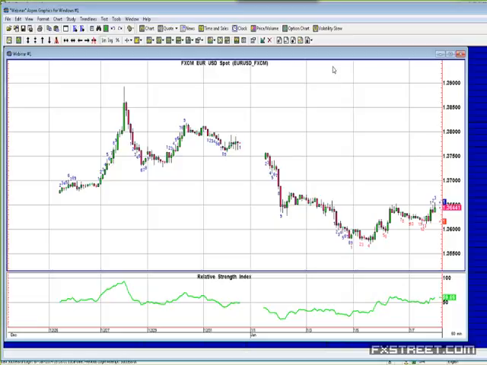Now, what he calls exhaustion points, like I said, I think this is probably a good place to start.